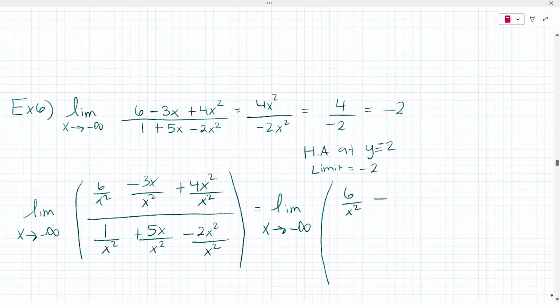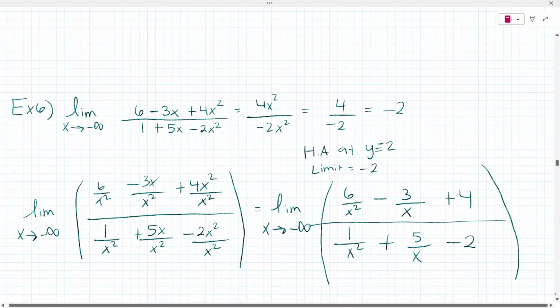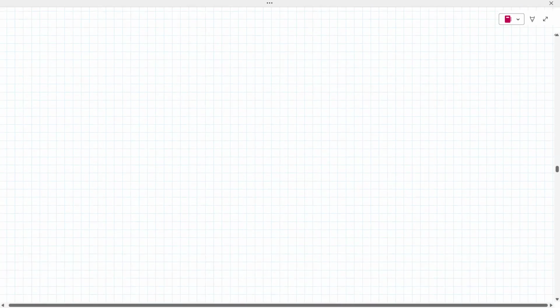That's 1 minus 2 is -1, so that's -3 over x. 4x squared over x squared is just 4. And then this is 1 over x squared plus 5x over x squared, 1 minus 2 is -1, so that's 5 over x. -2x squared over x squared is -2.